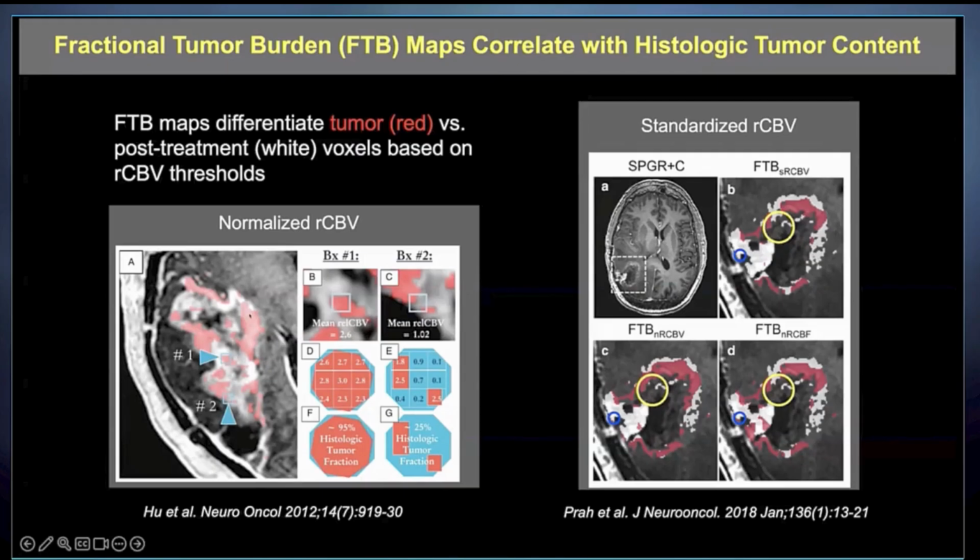By colorizing them, it shows that there is potentially pronounced admixture, histologic mixing, of areas of recurrent tumor and areas of post-treatment effect, shown here in red and white, respectively.